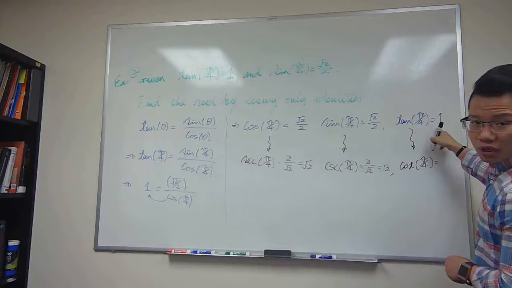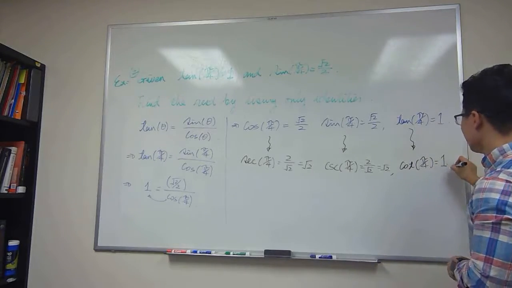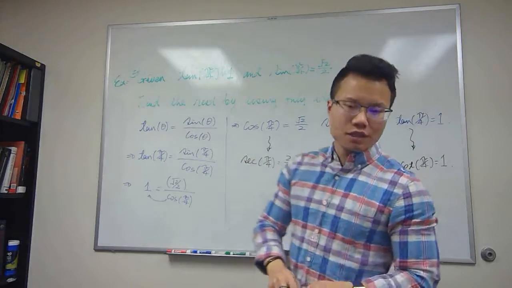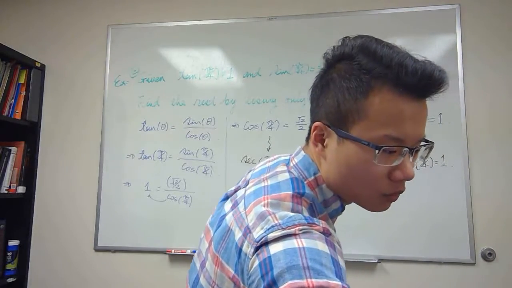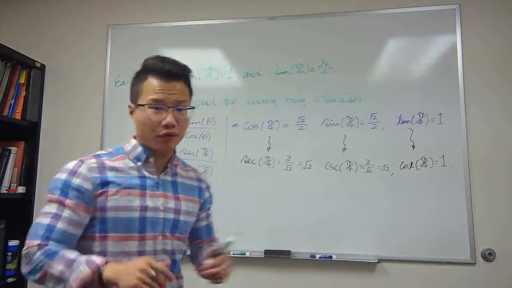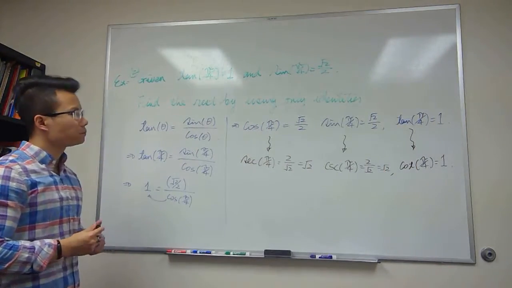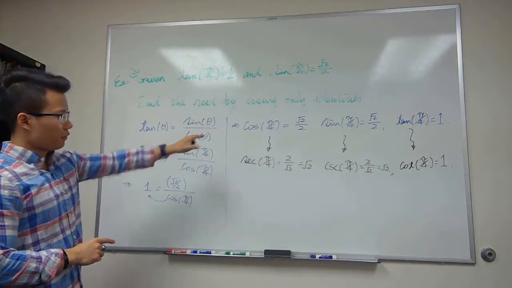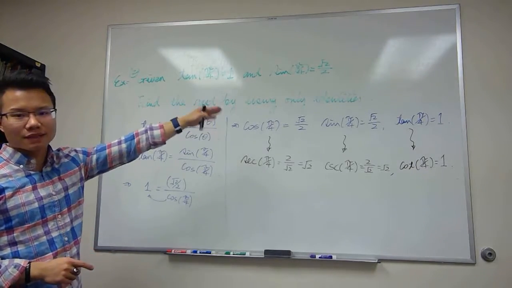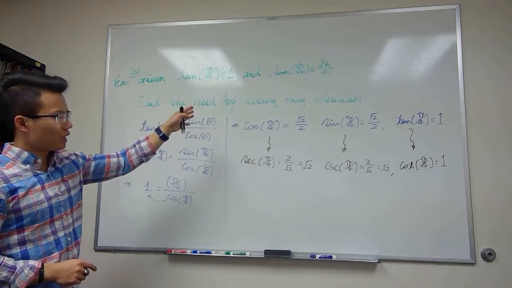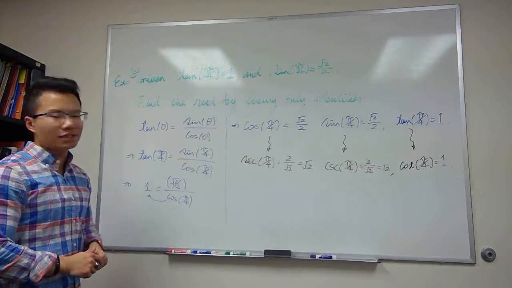That is the reciprocal of 1, which is still 1. So from here, we got all these nice things set up perfectly. After you got cosine, sine, and tangent, we can get the rest of the 3 very easily.